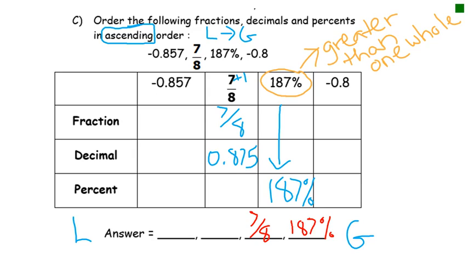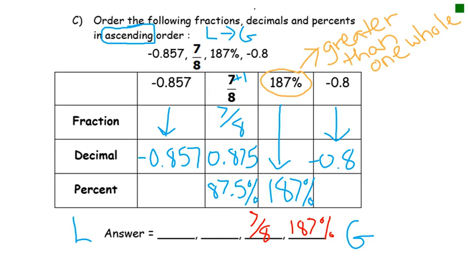I then move my decimal point 2 places, and it becomes 87.5%. Now looking at my other 2 values that are both negative, they are both decimals. So for both of these, I will skip over the fraction portion, carry down the decimals, so negative 0.857 and negative 0.8. And for both of them, I have to move my decimal 2 places to the right.